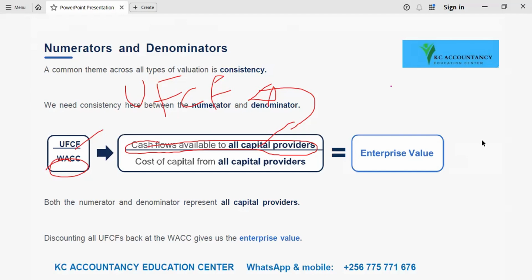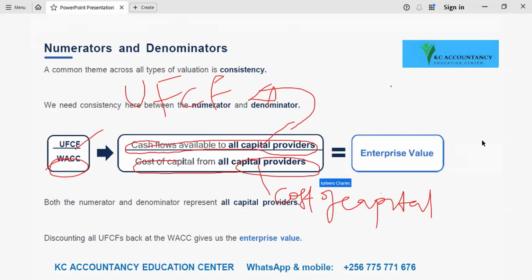And what we have at the bottom is the weighted average cost of capital, or the cost of capital of all capital providers.